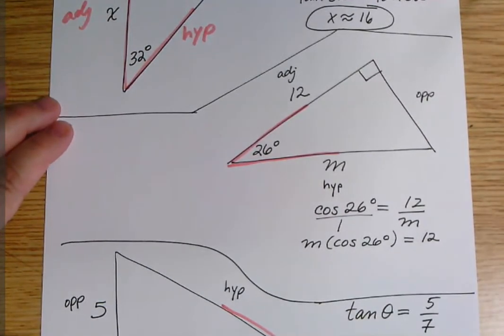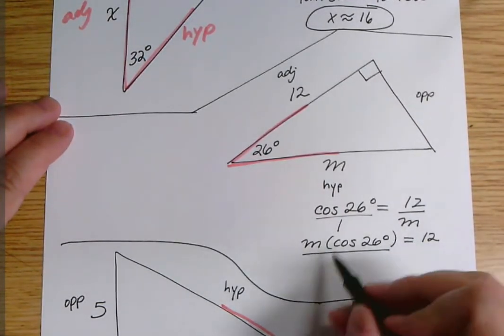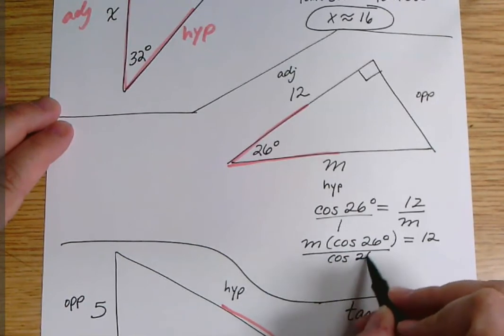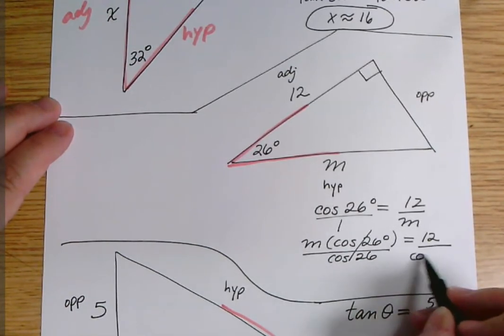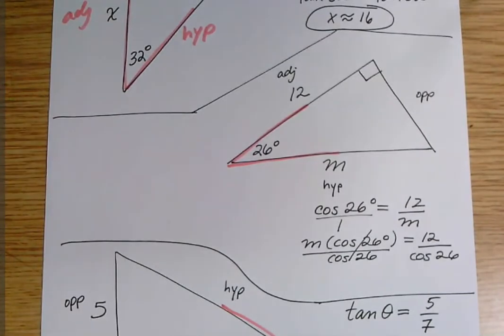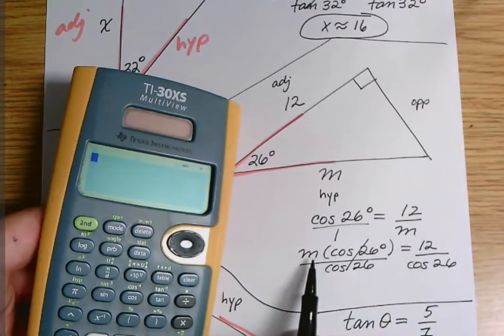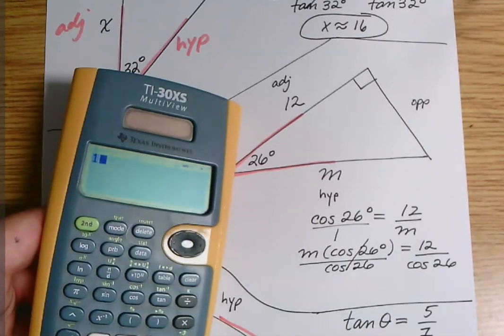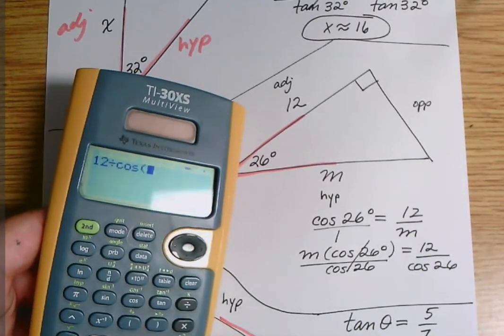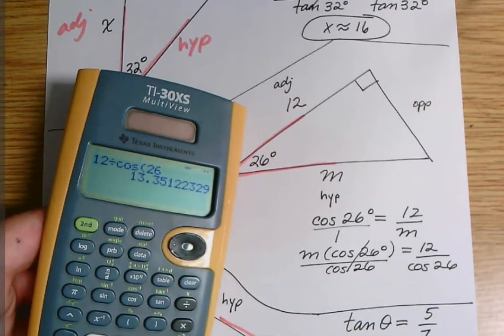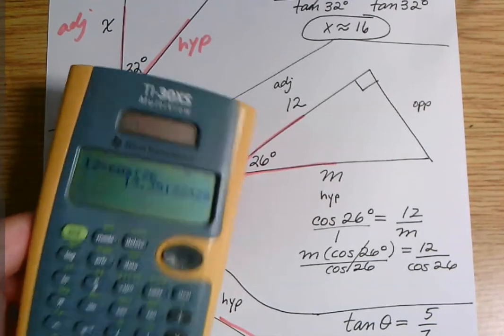Is m alone? No. So I have to divide out the cosine 26 so it will be alone. And now m is alone, and what happens on the other side is telling me what to do. To get m, I want to divide 12 by cosine of 26. And I get 13.35, or about 13.4.